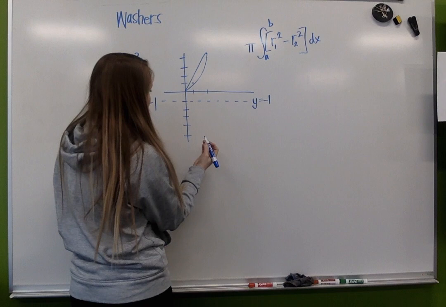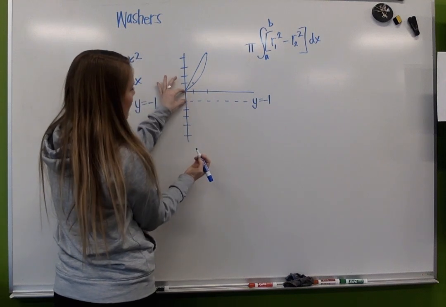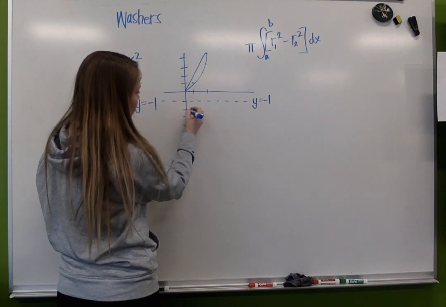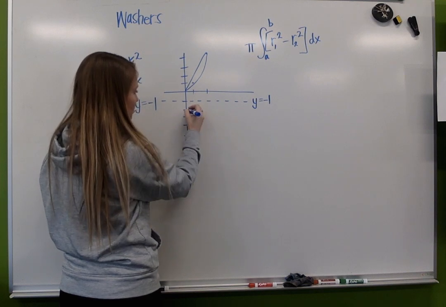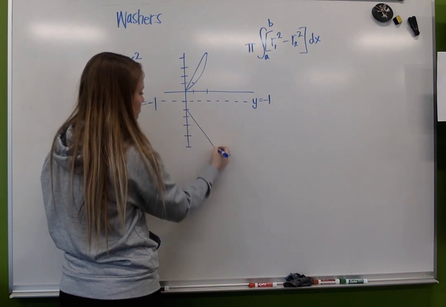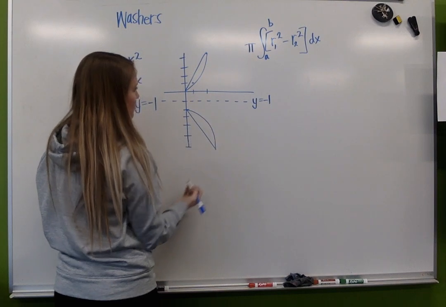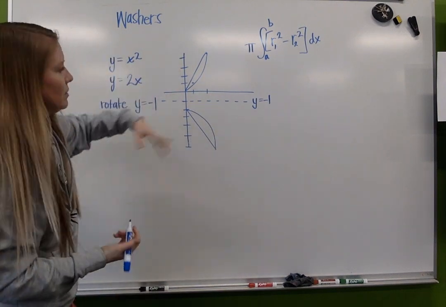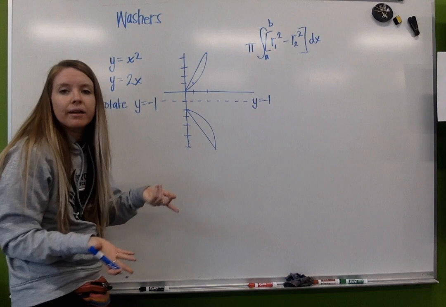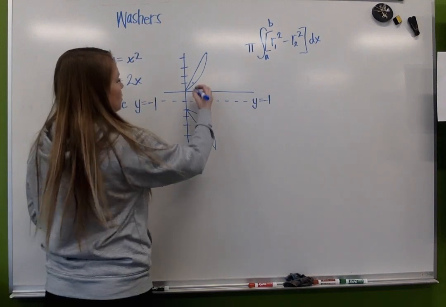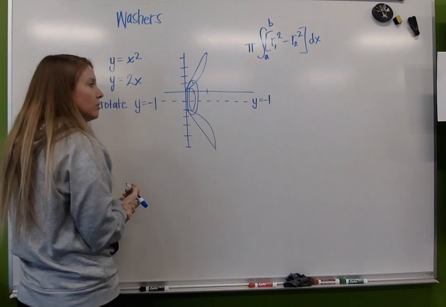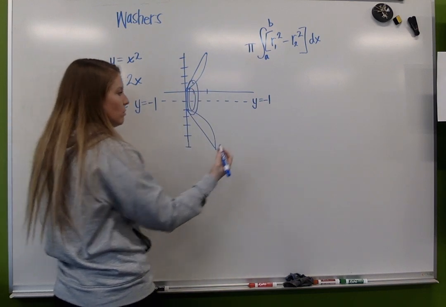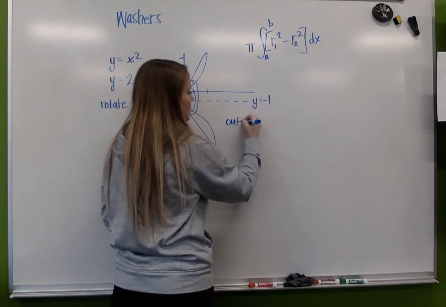Okay? So now, see how there's a gap here? There's going to be a gap here, and we're going to see the same graph. A little different because I'm not a computer. Okay? It's fine. We got our inner circle, and we got our outer circle. So I need to know my outer radius.